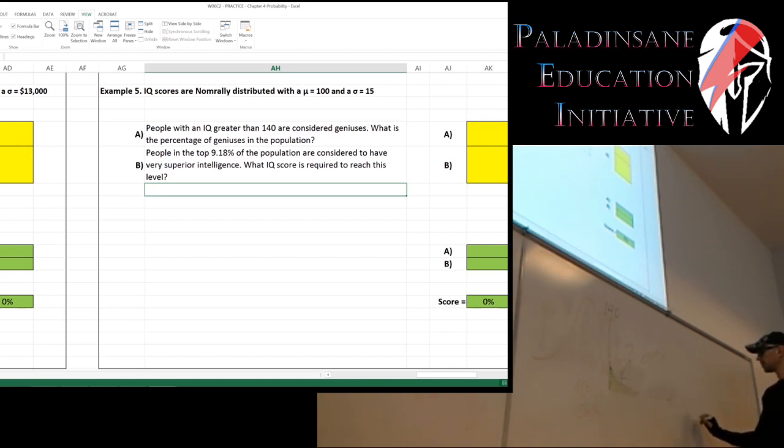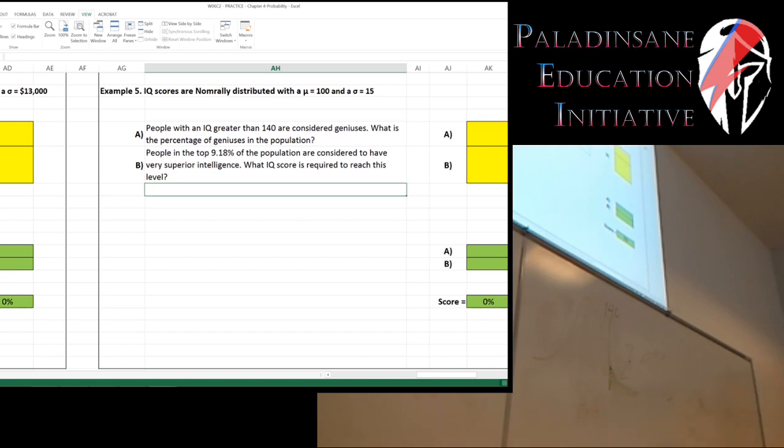Z-scores have a mean of 0 and a standard deviation equal to 1. So we need to transform this into z-scores, and then figure out what that percentage is. When we transform the mean and the standard deviation into z-scores, it's going to be a mean of 0 and a standard deviation of 1. That's what a z-score is. So we don't have to do any math on that.